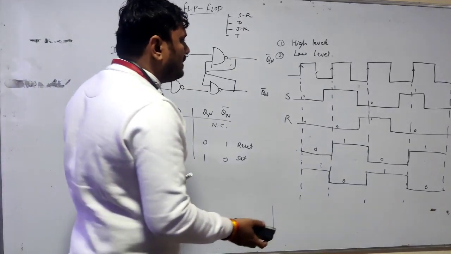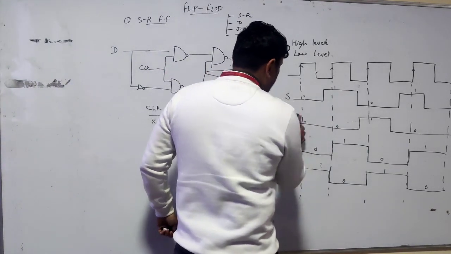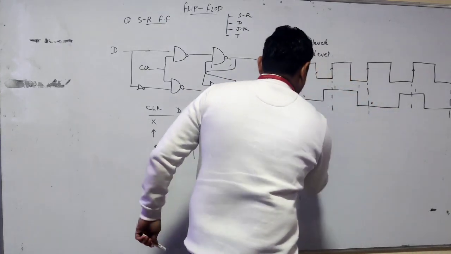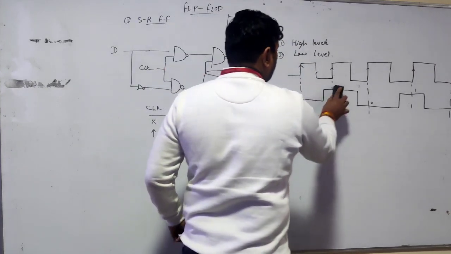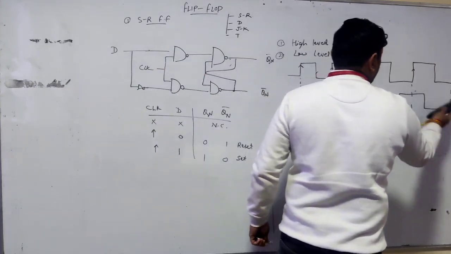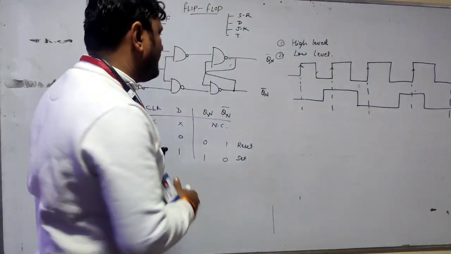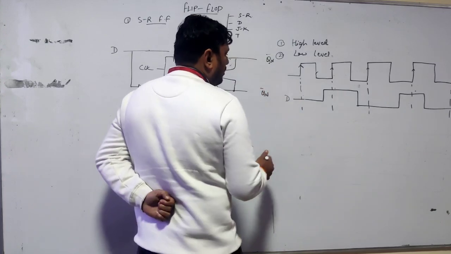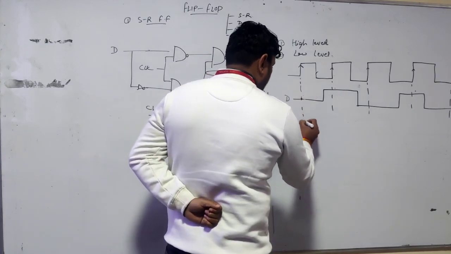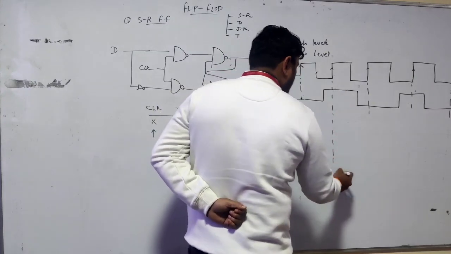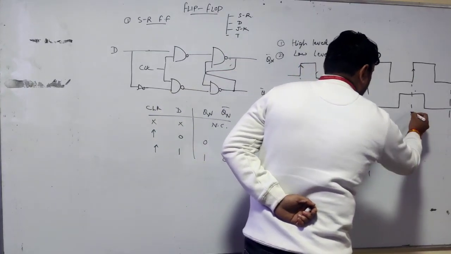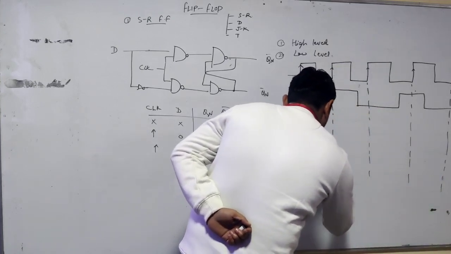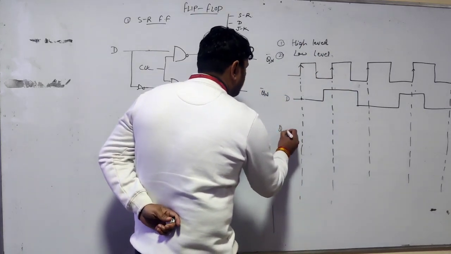Now what about the waveform? Okay, fine. Say this is a D flip-flop, right? Triggered at high level. Now here, output Q1 is what?